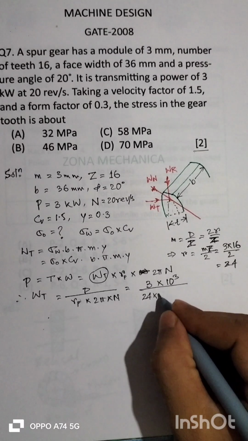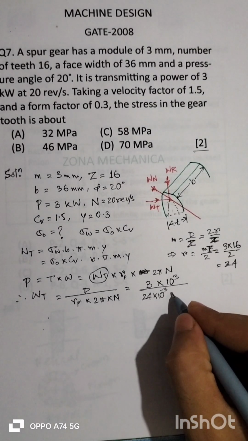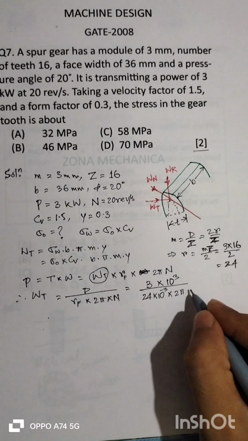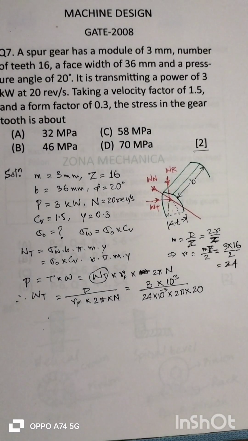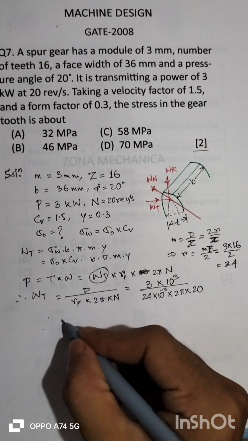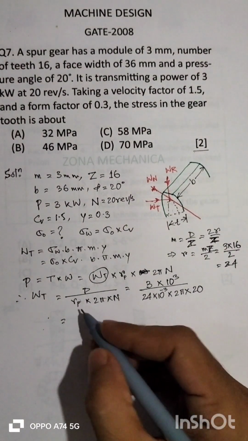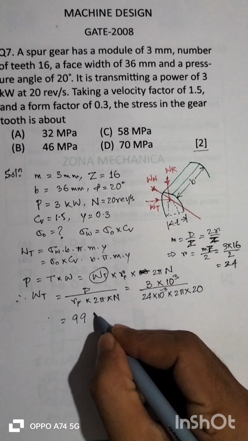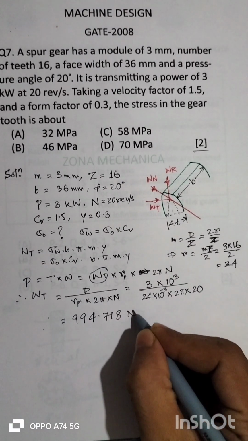So, multiplied by 10 to the power minus 3, and 2 pi multiplied by n, which is 20, this will give 994.718 Newton.